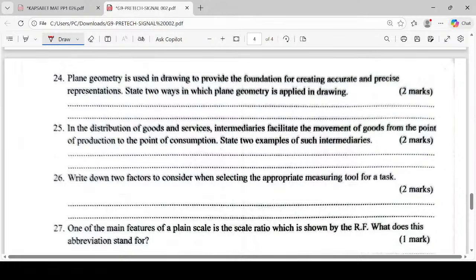You can say it provides basic geometrical shapes.